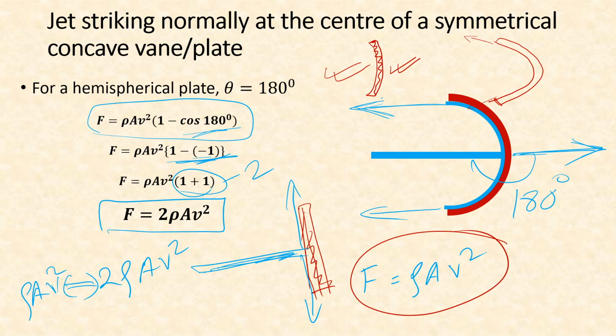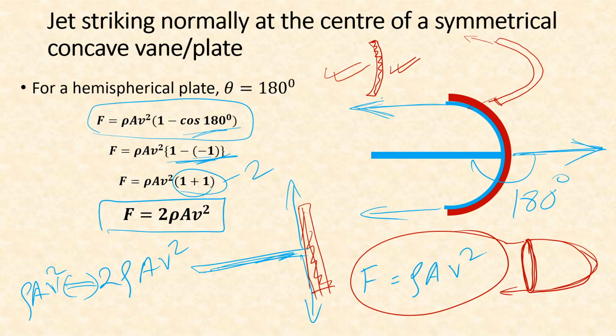That is the case of a hemispherical plate. It's not necessary that it has to be hemispherical. It could be half of an oval shaped object. It can be like this. Here also it will be deflected by 180 degrees, but it's not exactly what you'd call a hemisphere.